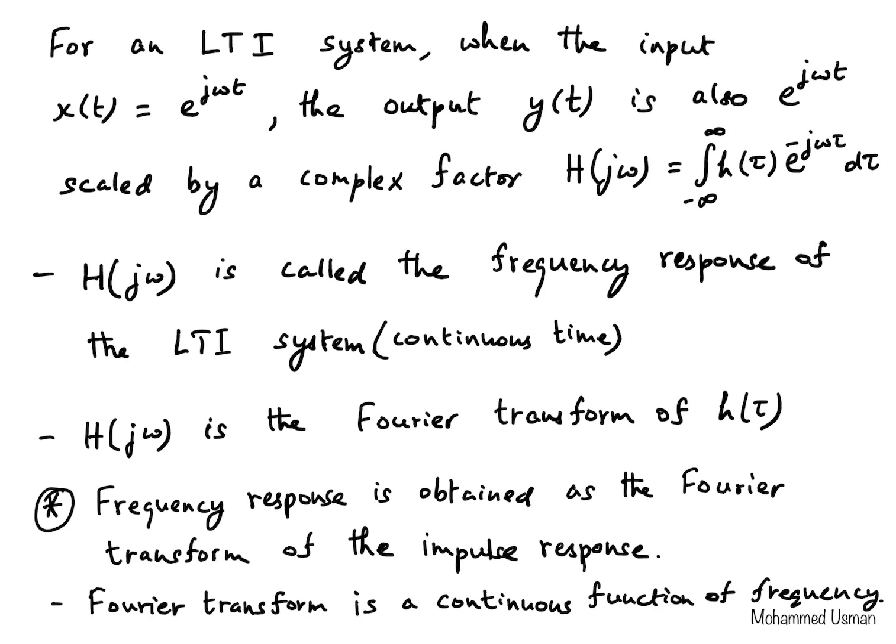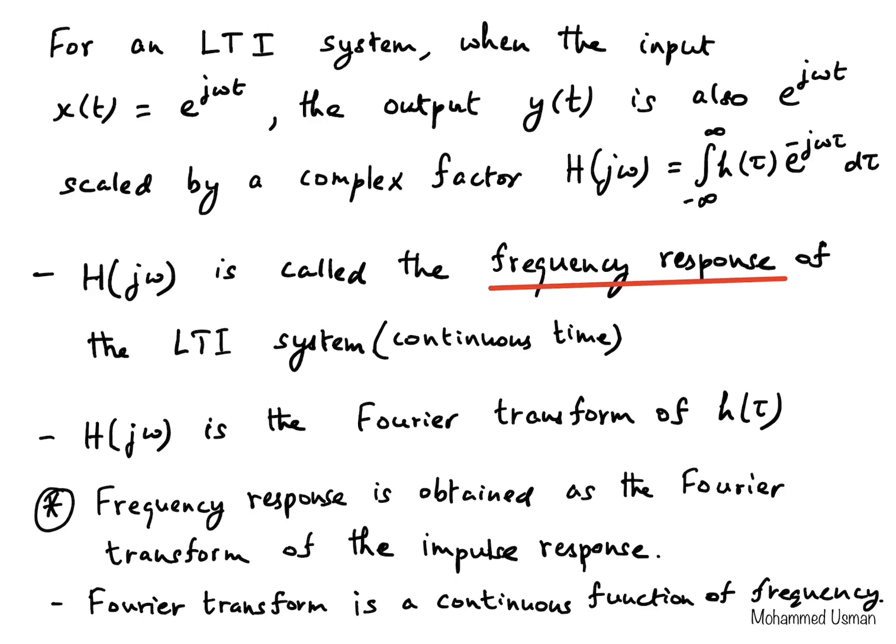So this h of j omega, which is the scaling factor and is the eigenvalue of the system, is called the frequency response of the system. That's the term for the scaling factor that we have in this particular case.